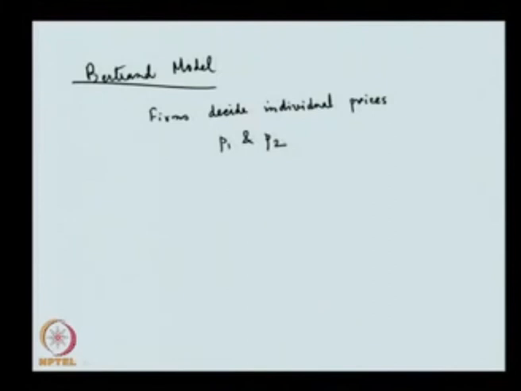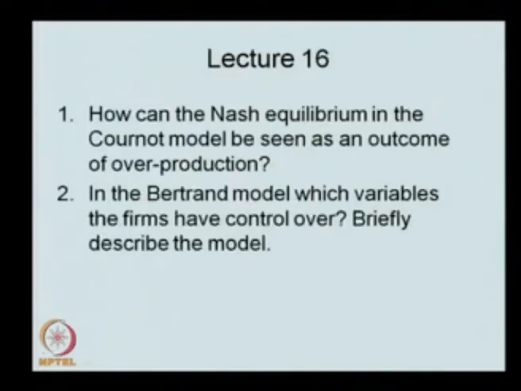Once the prices are announced, the consumers decide which price is the lower price, and if they go to a particular firm because that firm is charging the lower price, then that firm will have to meet the demand in the market. So, the quantity produced by the firm is not decided by the firm, it is decided entirely by the demand in the market. Okay, this was part 1 of the question.